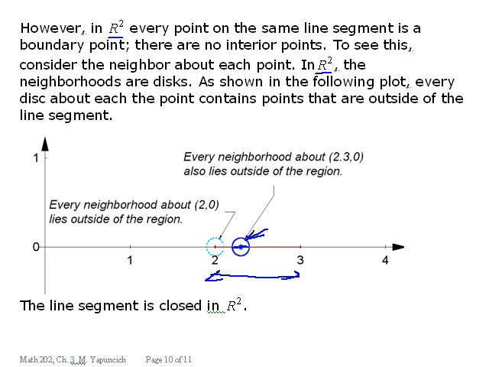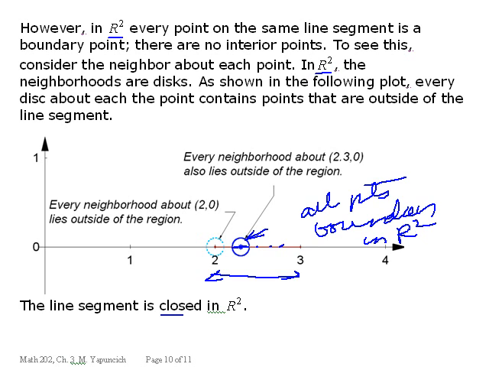Every single point will have this situation, so all the points are boundary points in R2. So this line segment is closed in R2. So it was open in R1 but closed in R2. Of course, it's closed in any R^n where n is greater than 1. If you put it in three-dimensional space, it would also be closed.